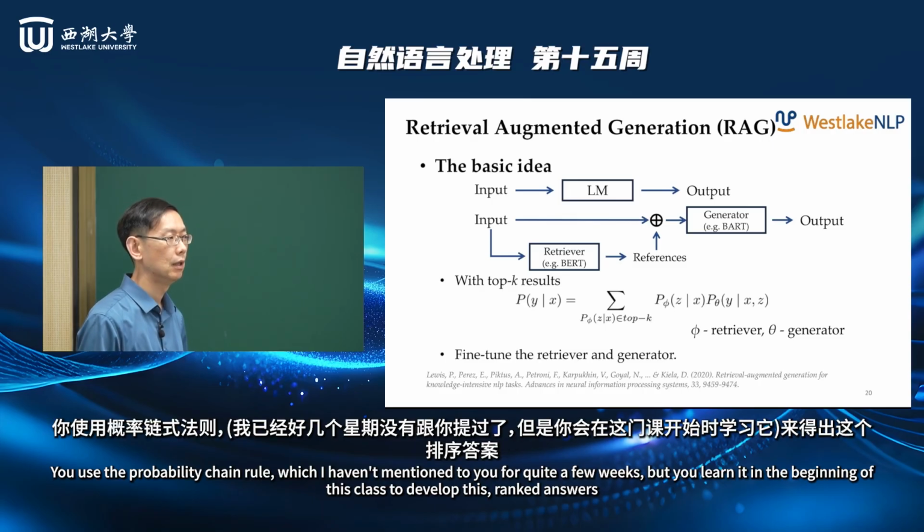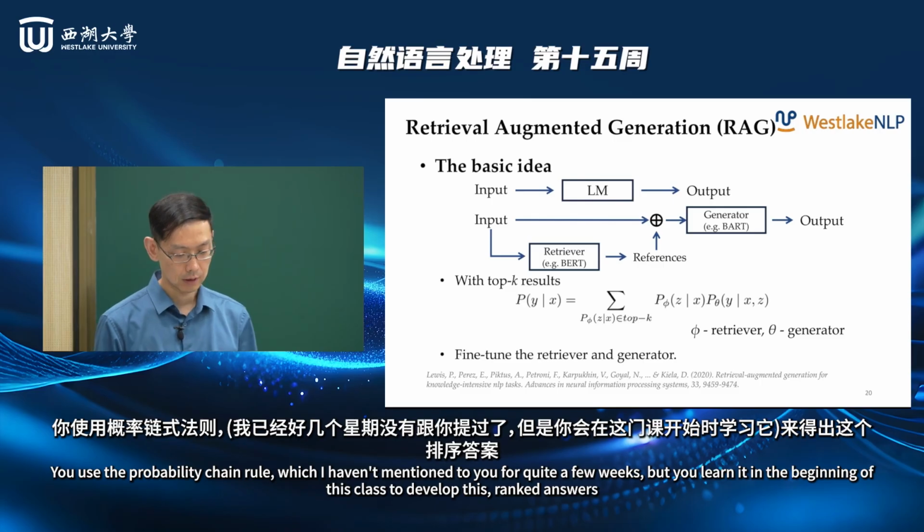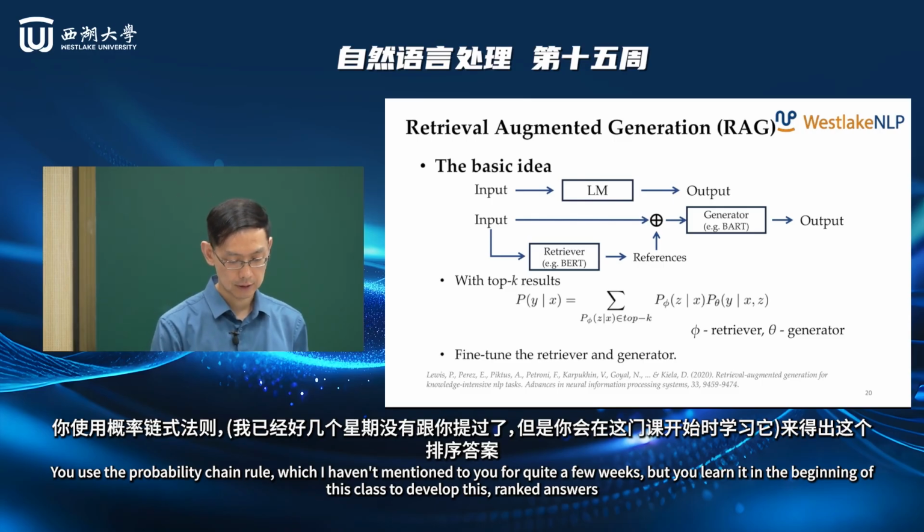You use the probability chain rule, which I haven't mentioned to you for quite a few weeks, but you learned in the beginning of this class, to develop these ranked answers.